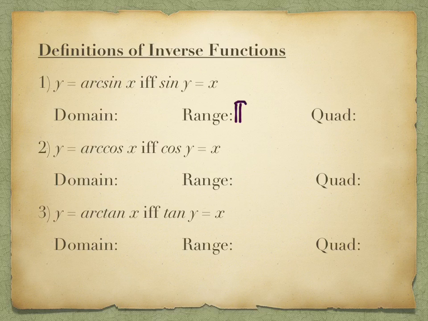Let me write this down first and then I'll modify what I'm saying. The domain for a sine function would have been all real numbers. So we would see the range here. Now let me go back to domain because that's the one that's not going to change. The domain for arc sine would be the range for sine. Range is the y values.